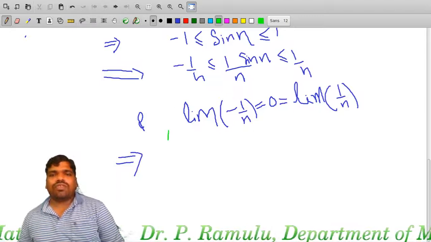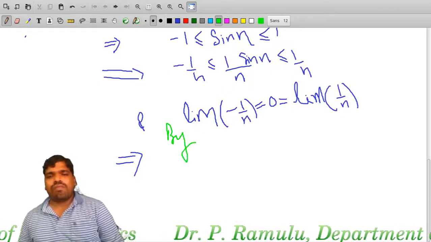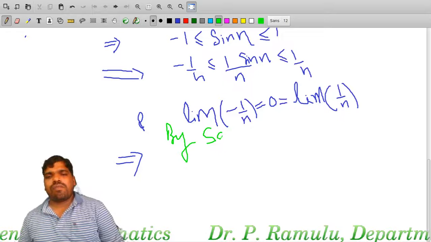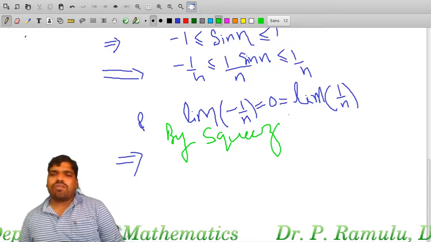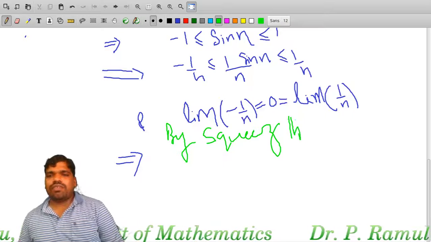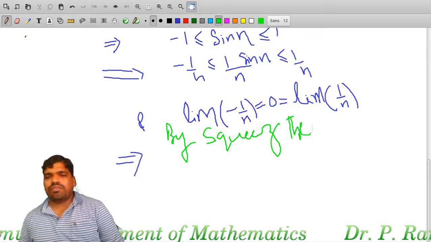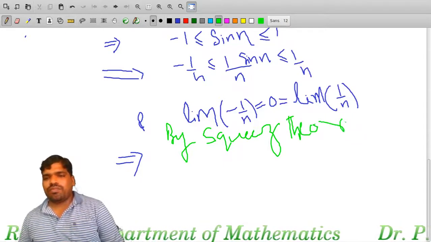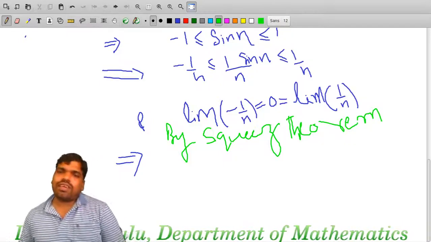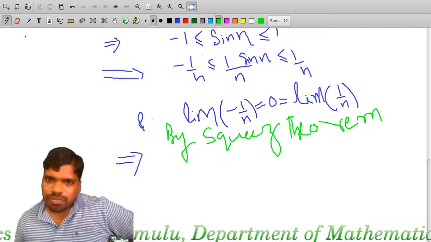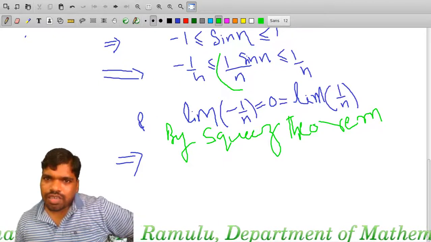By squeeze theorem, these both are the same limit, so the middle one also will converge to 0.